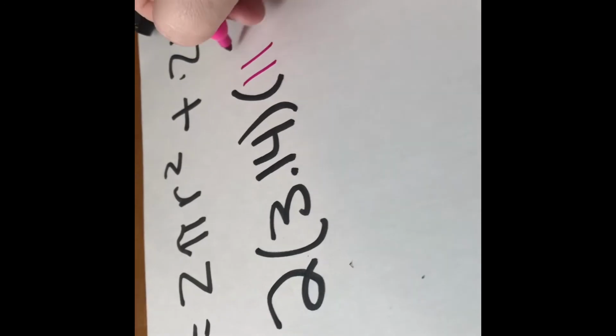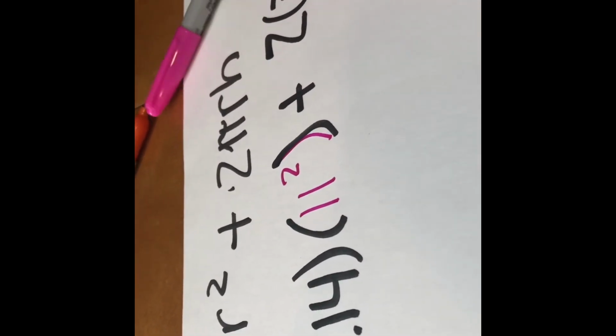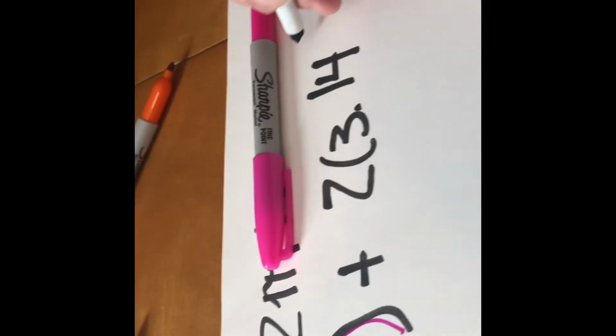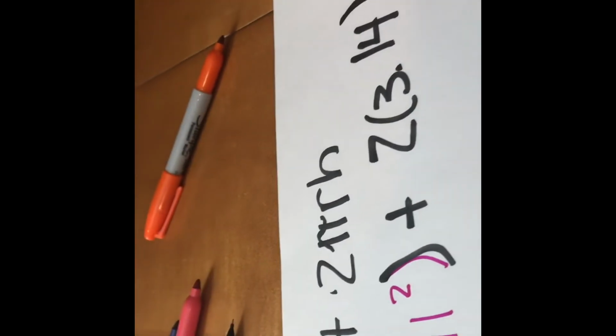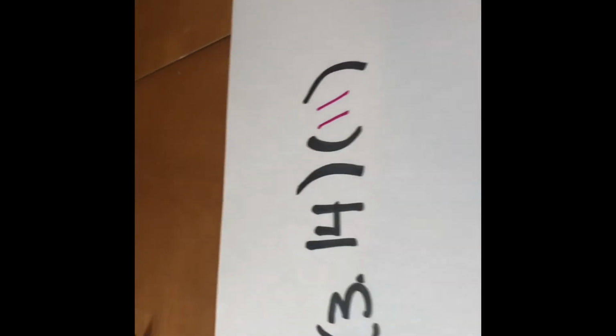So surface area is equal to 2 times 3.14 times r squared, which is 11 squared, plus 2 times 3.14 times 11, which is our r, and then h, which should be 6.